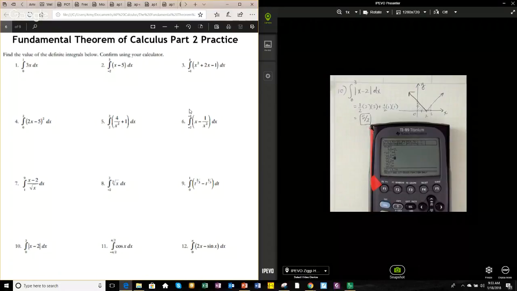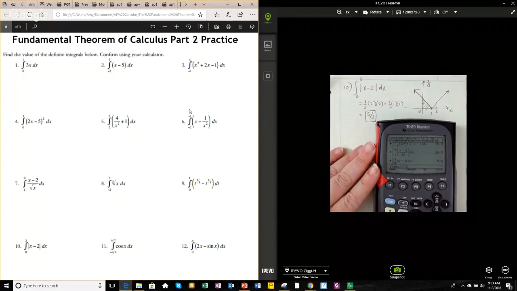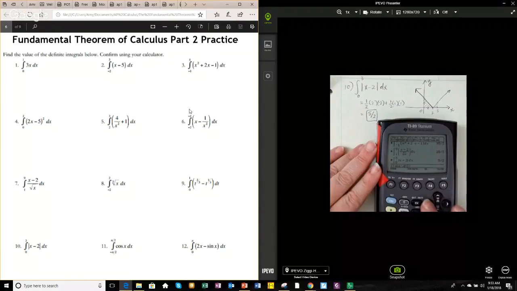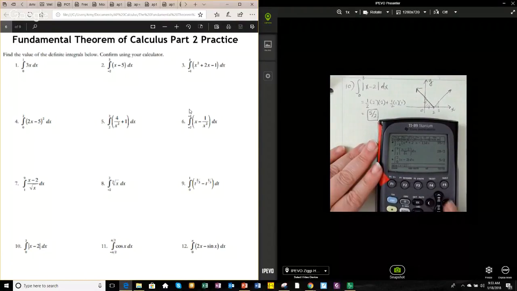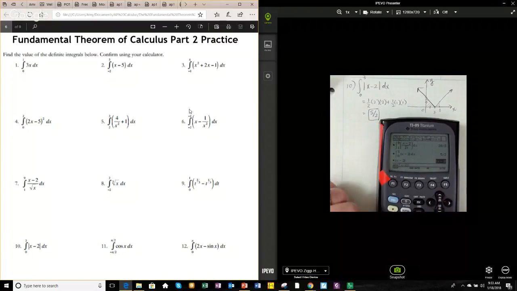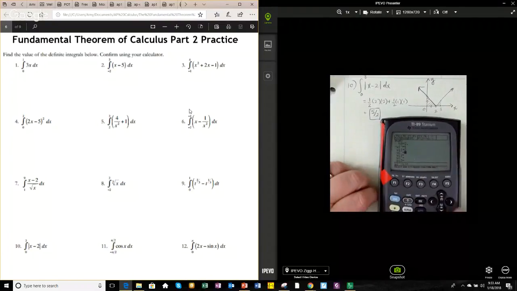Now, I just want to refresh your memory on the fact that we could go to y equals. The nice thing about this calculator is I can copy and paste. So I'm going to get rid of all these other things here, and I'm going to press enter. Okay, and I'm going to come up here and grab it by hitting the copy button, diamond copy. And I'm going to go to y equals, and oops, I'm in differential equations mode.